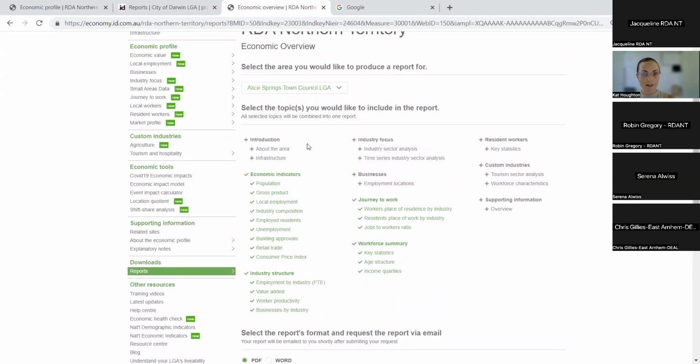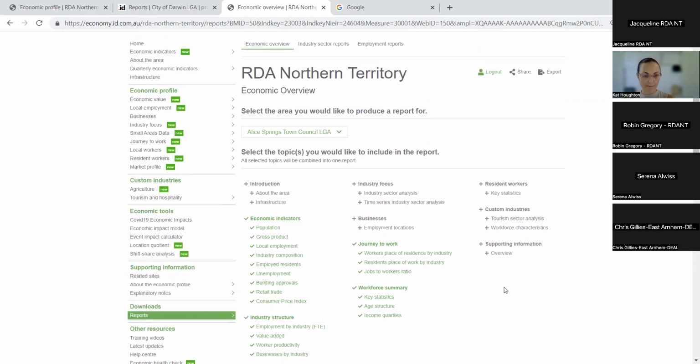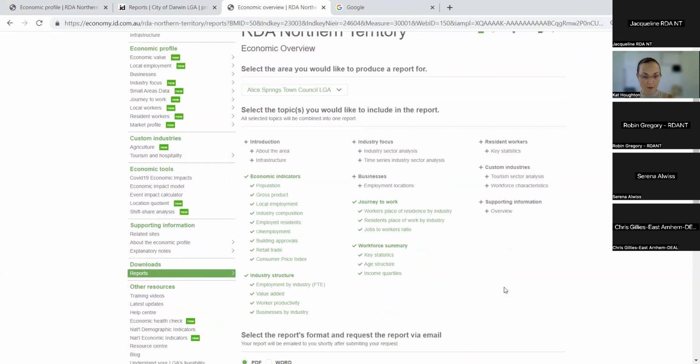A lot of this information is really good supporting information to use as part of your grant application, to be able to say we've got an economy, or our healthcare sector is in decline, or whatever it might be. So we need a new hospital, or we need this extension to our maternity facilities, or whatever it is that you're going for. So that's your report writing section.